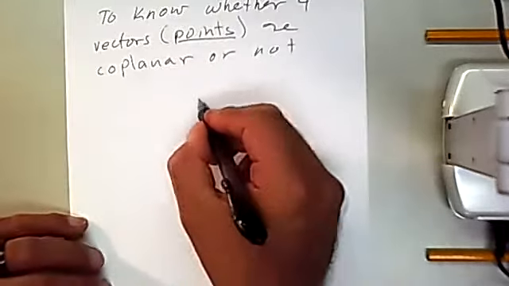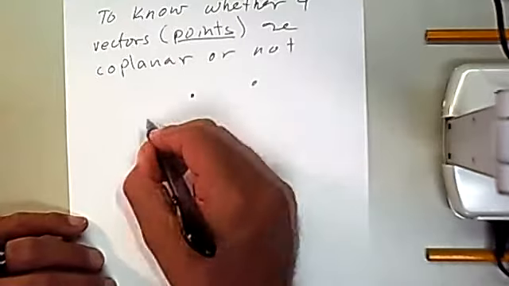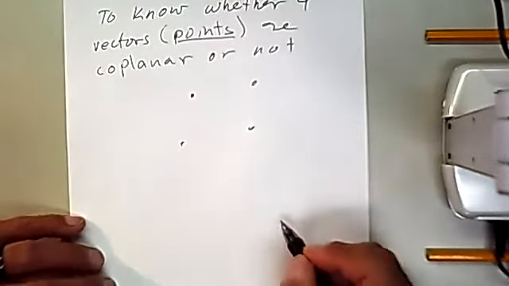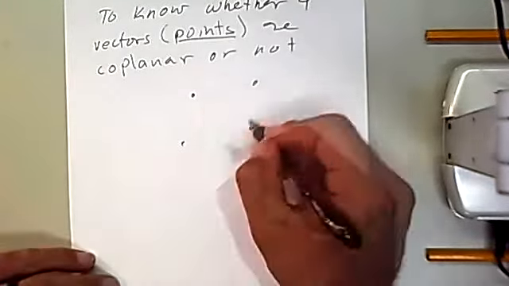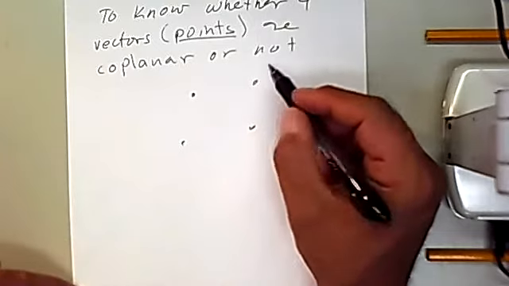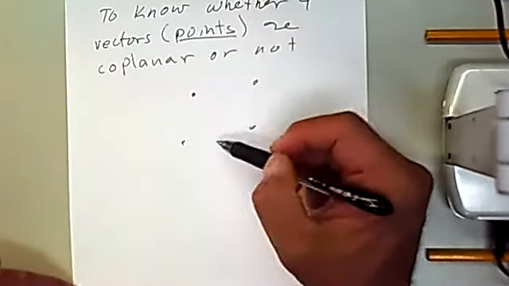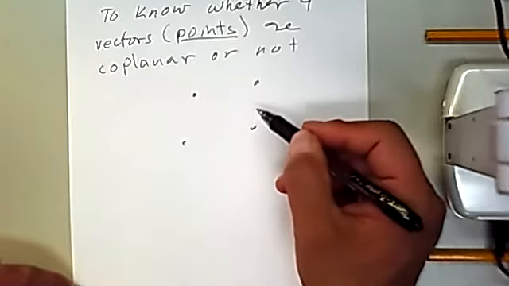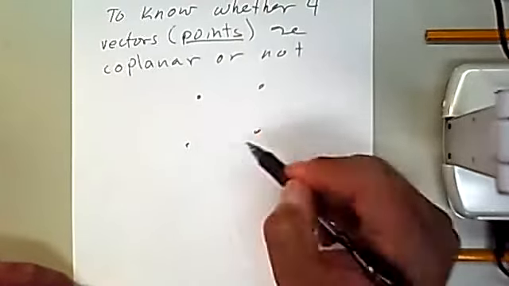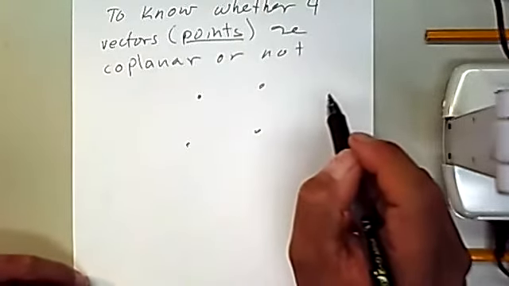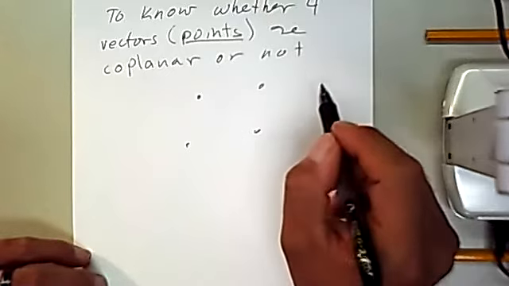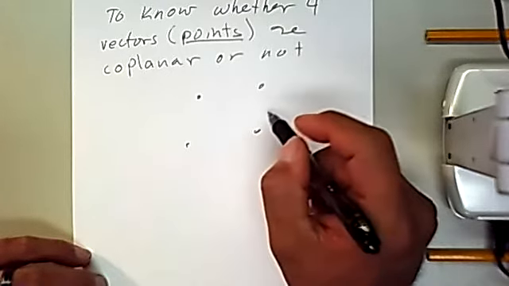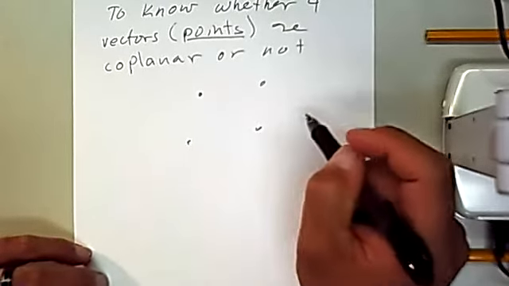So let's say you got four random vectors. Now this is a 3-dimensional space, so they're on this page, but they're actually, this one could be closer to us, or this one could be farther away from us, and we don't know. They're not necessarily in the same plane. What we want to do is anchor all of these points so that one of them becomes the origin.